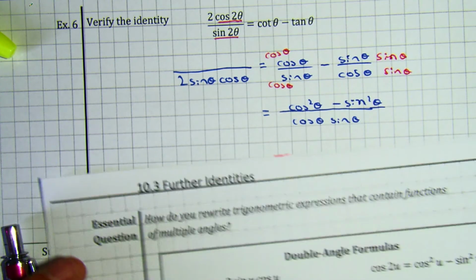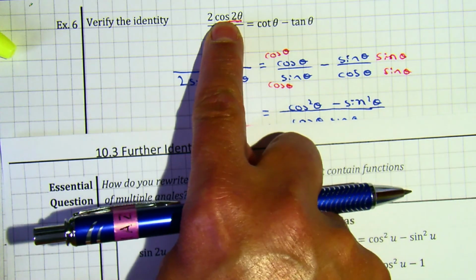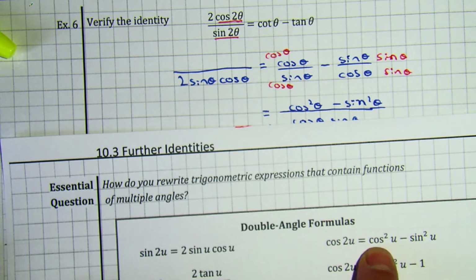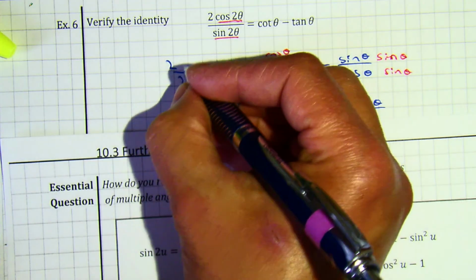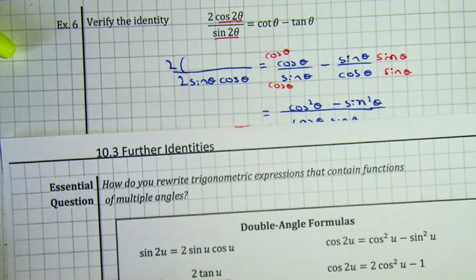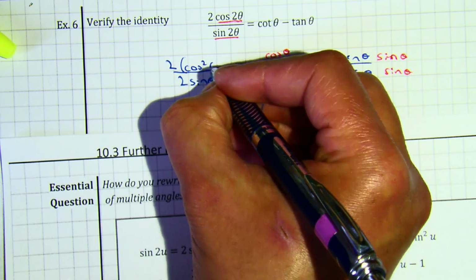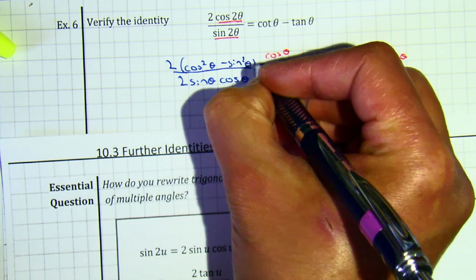But now I can see which one I should substitute for cosine of 2 theta. Correct. Now we know that we have to use this one here. So it'll be 2 times cosine square of theta minus sine square of theta.